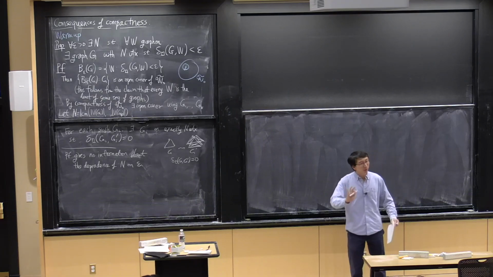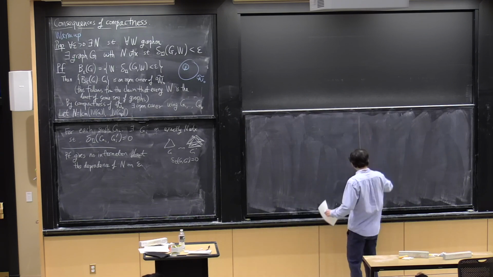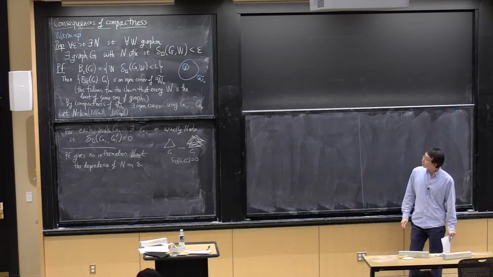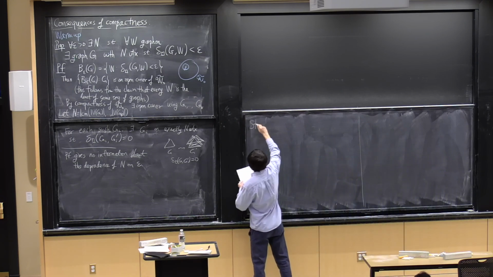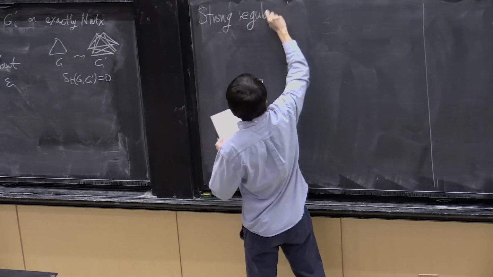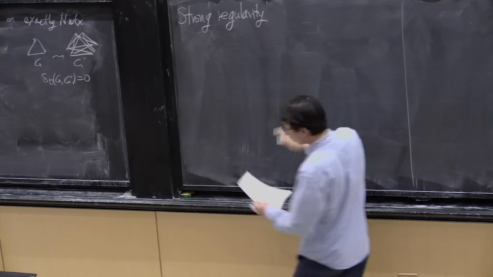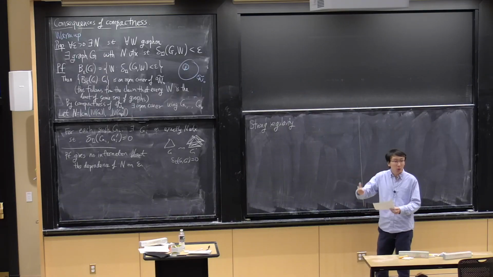Right, so it feels a bit magical, right? You have compactness, and then you have all of these consequences. So now let me show you how you can deduce the regularity lemma itself from compactness. In fact, in the proof of compactness, we only used weak regularity.